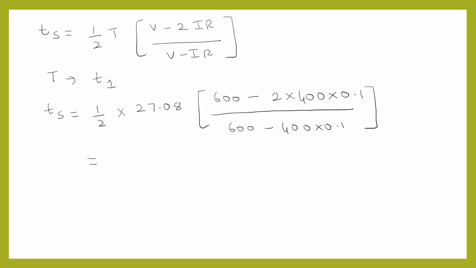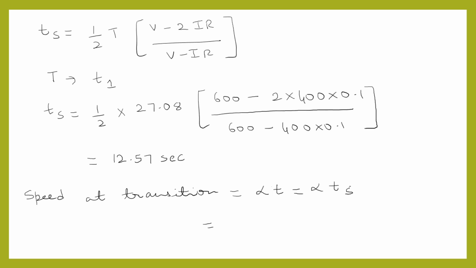So we get the value of Ts as 12.57 second. The speed at transition is given by alpha Ts.